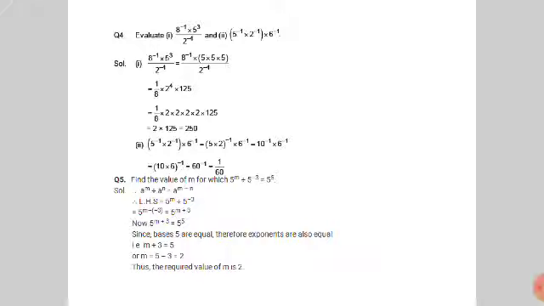Evaluate 8 power minus 1 into 5 power 3 divided by 2 power minus 4. 8 power minus 1 converts into 1 by 8. 5 power 3 stays as it is. 2 power minus 4 converts by reciprocal to 2 power 4, so 1 by 2 power minus 4 becomes 2 power 4 into 125.